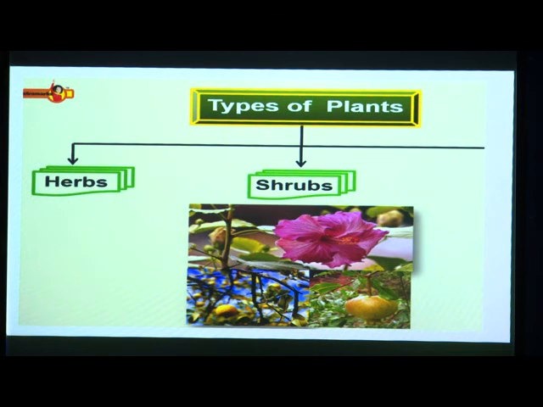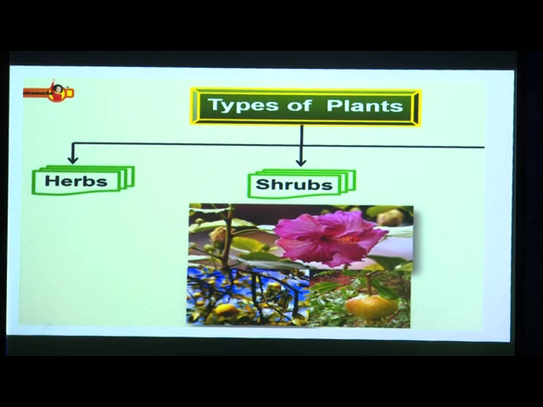Let us see about shrubs. Shrubs are medium sized bushy plants. These are not too big and not too small. These plants live for many years. In shrubs, branches arise from the base of the stem.